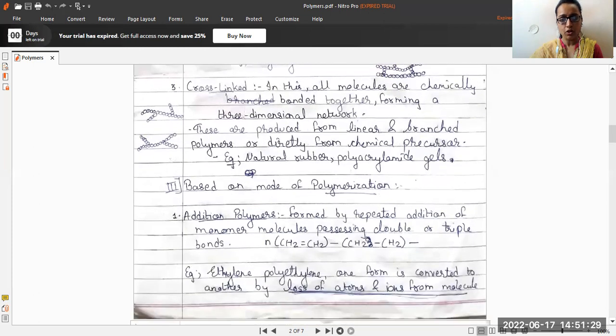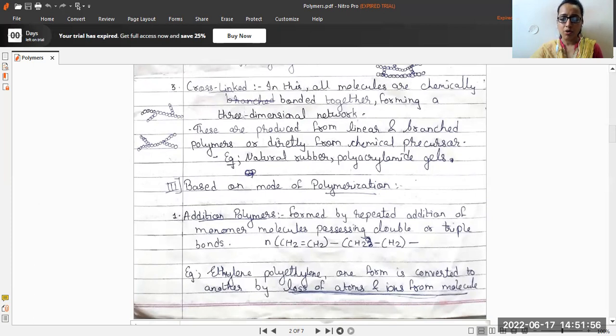Next, we will talk about the classification of polymers based on polymerization. We have two types: addition polymers and condensation polymers. Addition polymers are formed by repeated additions of monomer molecules that possess double bonds or triple bonds.